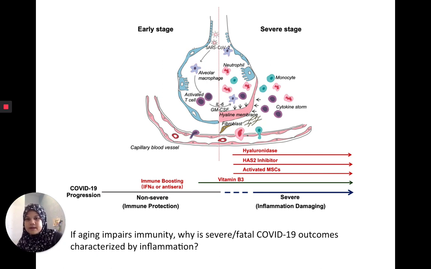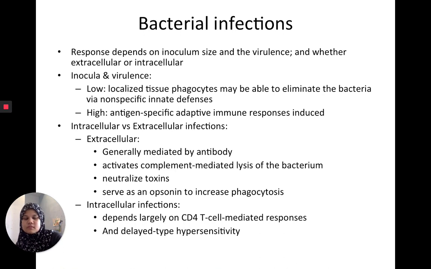Let me repeat that. The virus makes you sick, but what kills you often is when you have too much inflammation. And where do you get inflammation? You get it from your own immune system. Your immune system is producing destructive responses that destroy your own cells. So why does that happen in COVID-19? That's a question that people are trying to answer. Something to think about. All right.